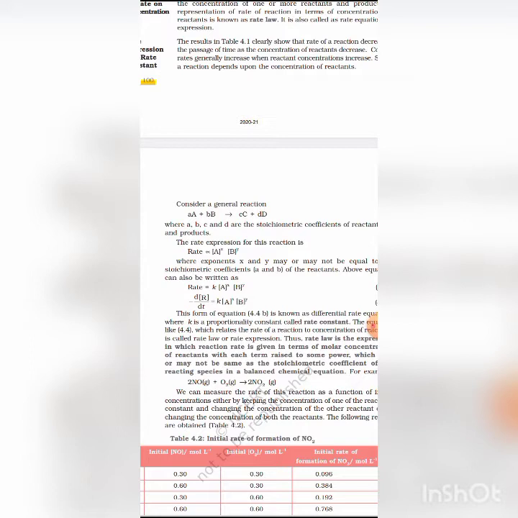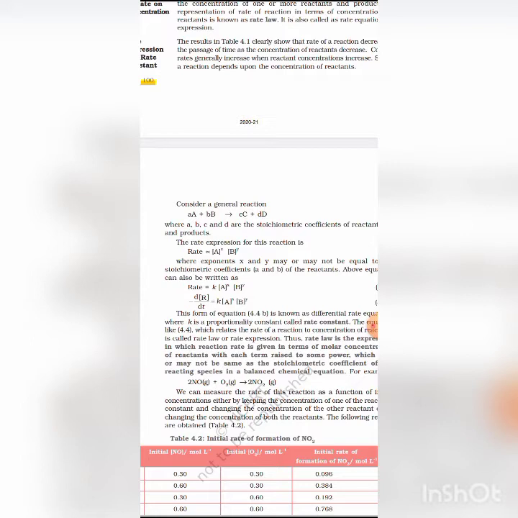When we replace the proportional sign with an equal sign, we have to put a constant. So rate equals K times the molar concentration of A and the molar concentration of B, where K is the constant called the specific rate of reaction or rate constant.